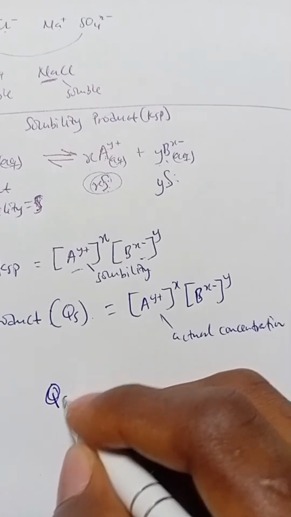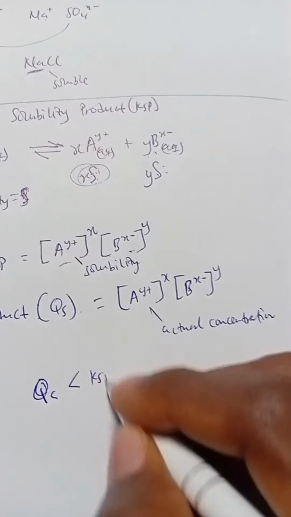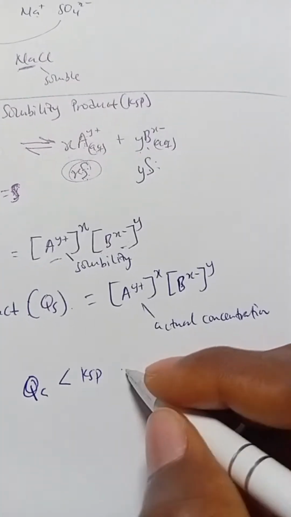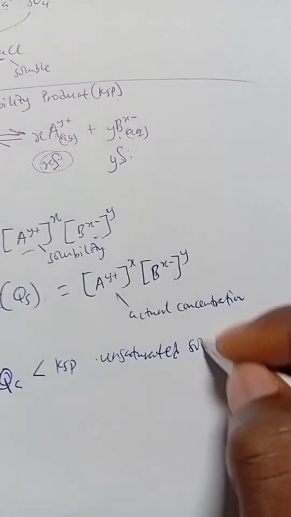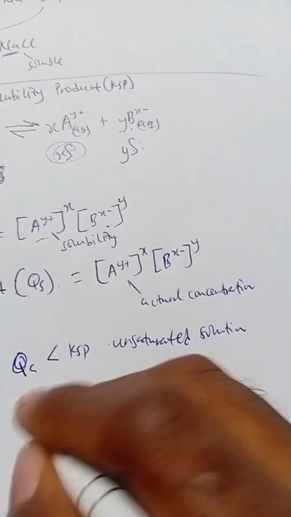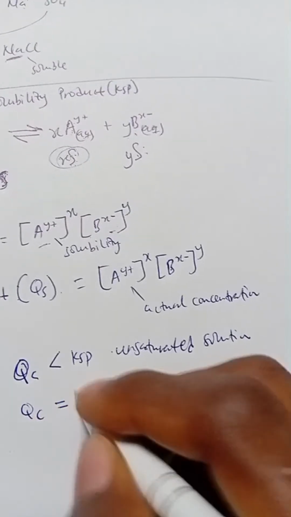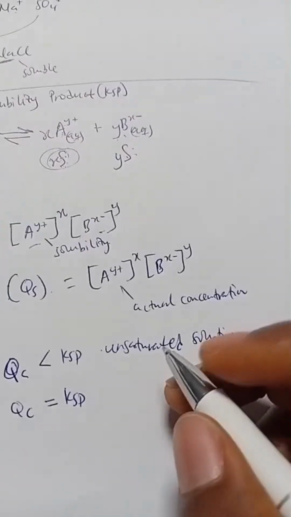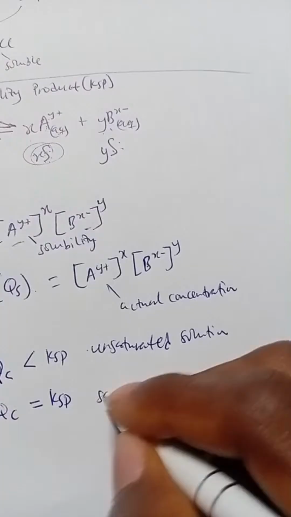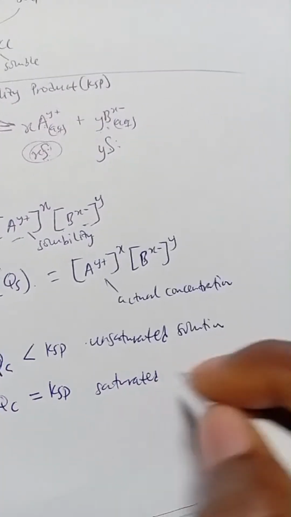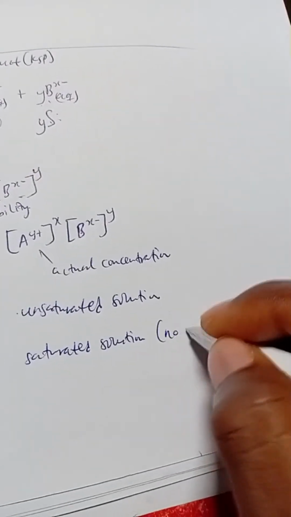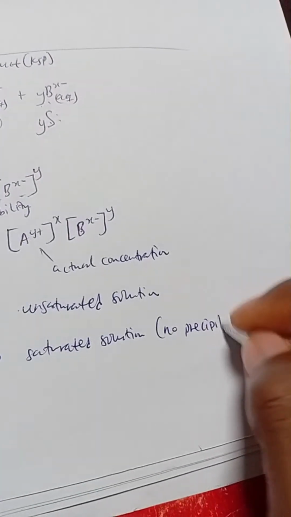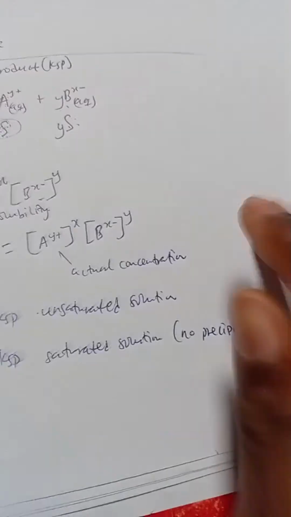Now, if your ionic product is less than your KSP, you are going to get an unsaturated solution. If your ionic product is equal to your KSP, you are going to get a saturated solution, but no precipitate will be formed.